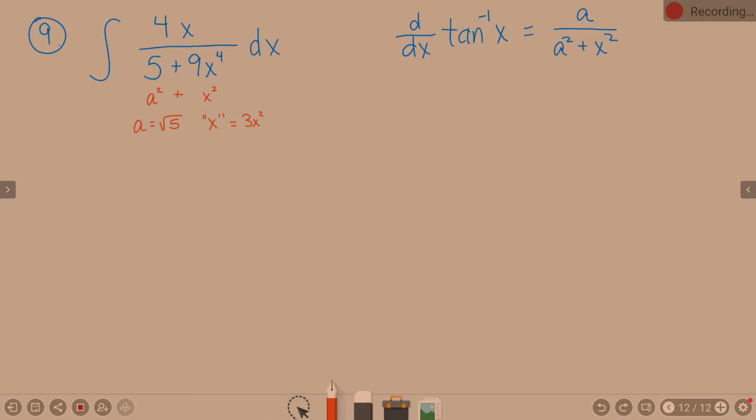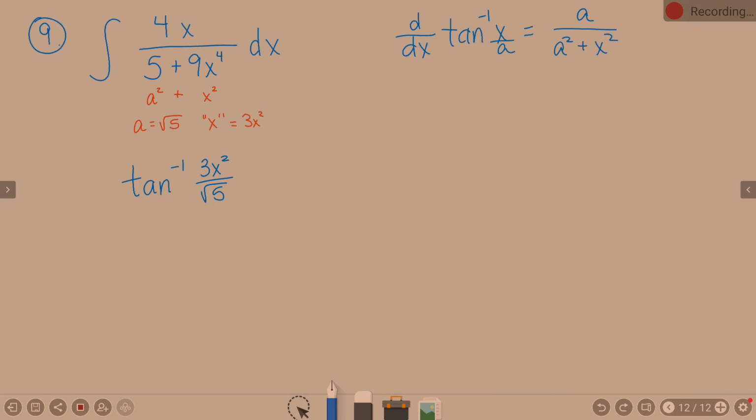Oh, I said x here, this should say x over a. So if we're saying tan inverse of x over a, my guess is tan inverse of 3x squared over square root of 5.